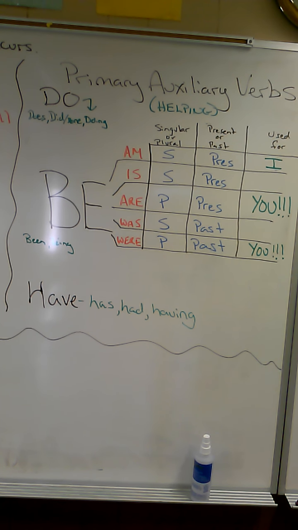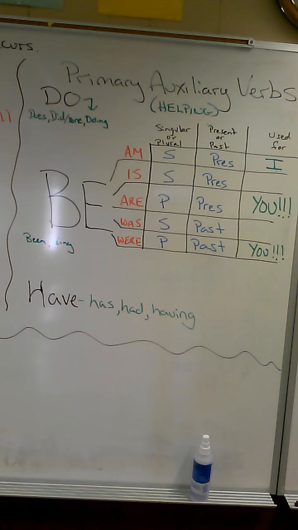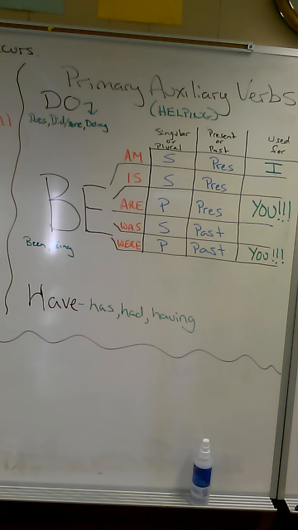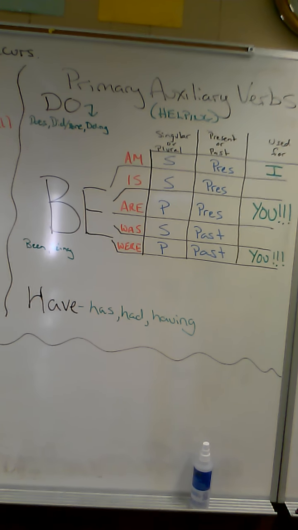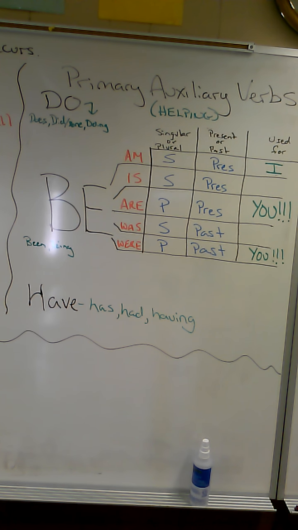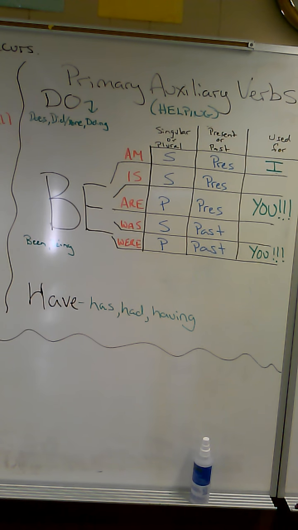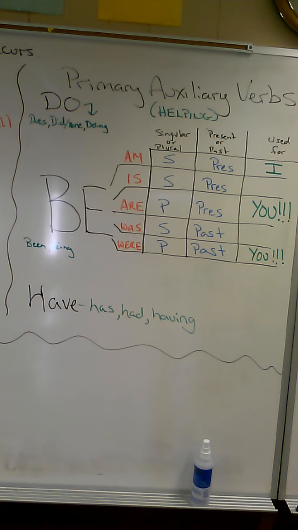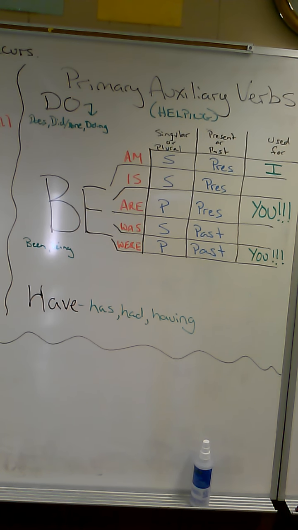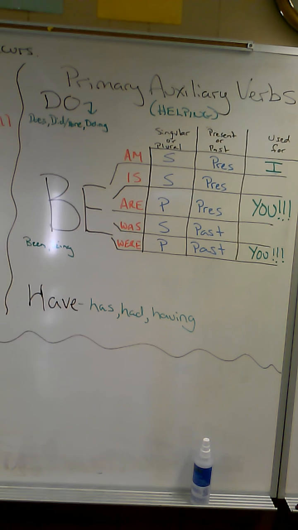Now, are is in the present tense, but we use it when the subject is plural. So if I said first person plural, we are walking to the store. Therefore, we and are agree.